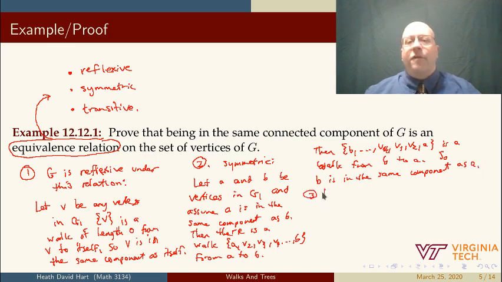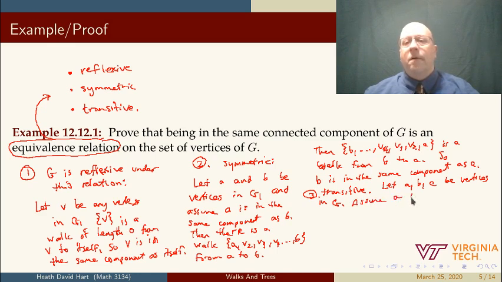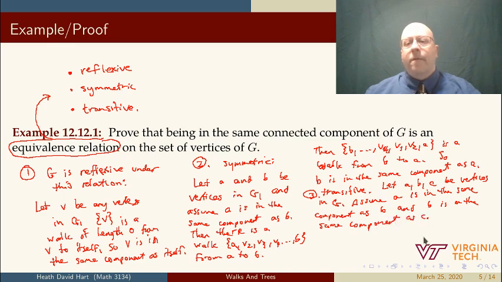And then the third thing we have to prove is transitive. For transitive, we're going to assume that A, B, and C are vertices in G. We're going to assume that A is in the same component as B, and B is in the same component as C. Okay?